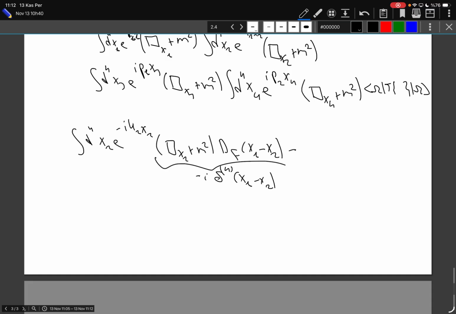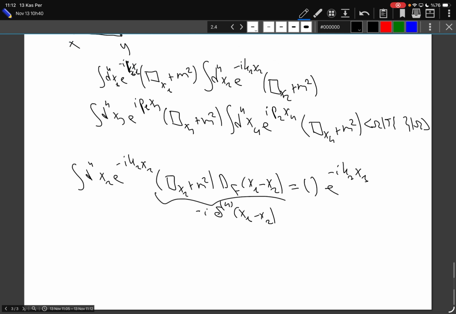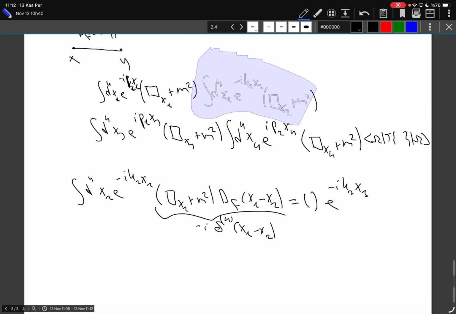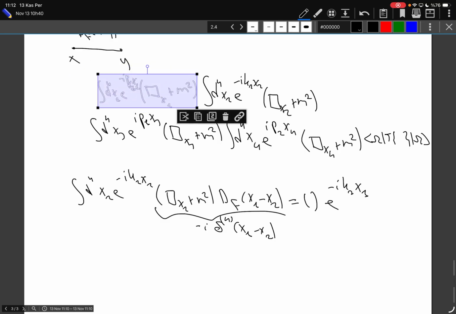So that integral, ignoring the overall factors, is just e to the power minus i k2 x1. Remember, I act with this one, now I should act also with this operator.